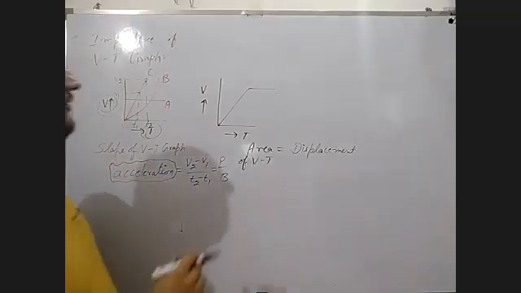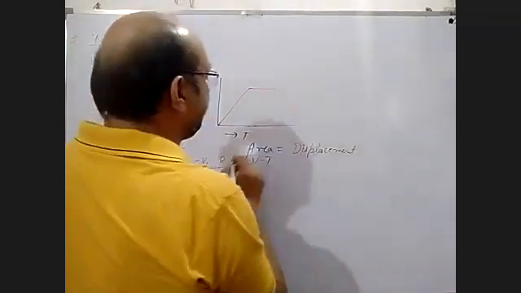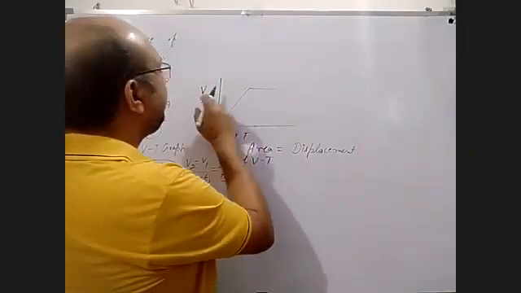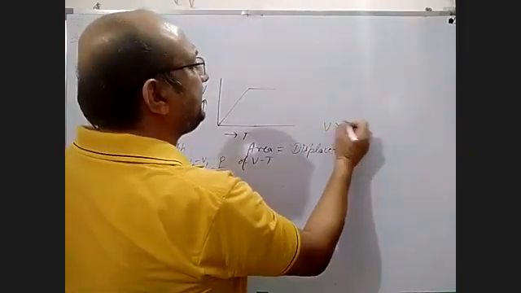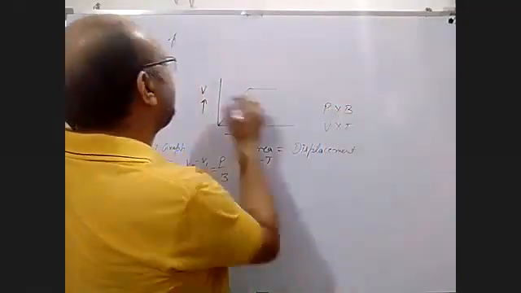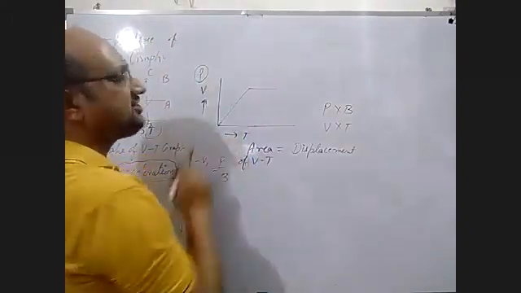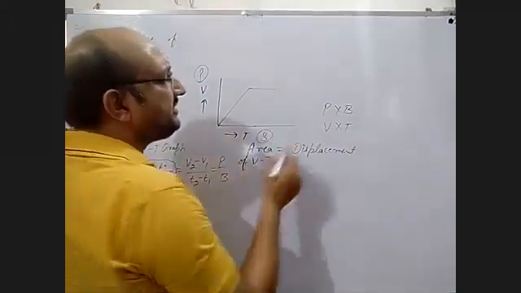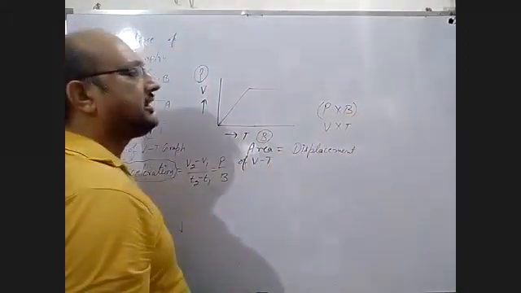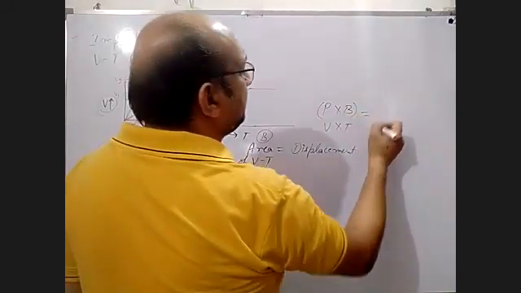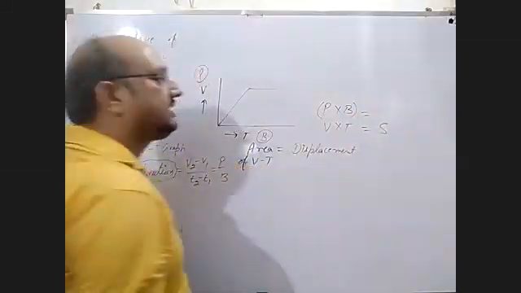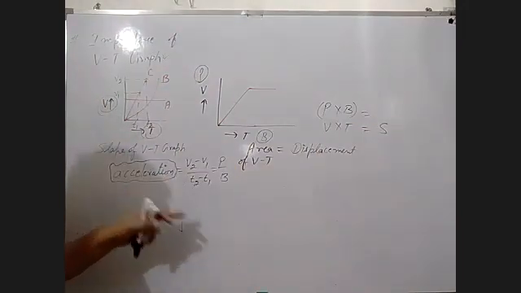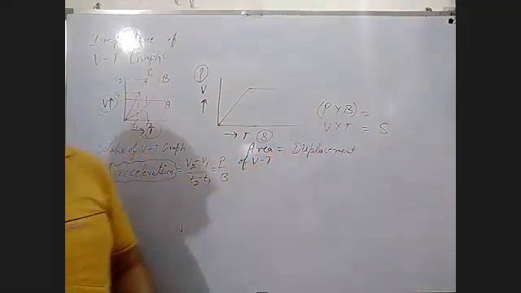But if we are taking the area of the VT graph, meaning multiplying V into T, perpendicular into base, then we will get displacement. So velocity time ratio is called acceleration. Velocity into time is called displacement.